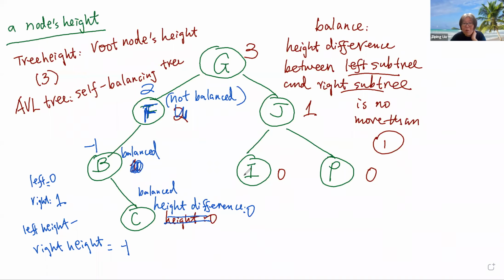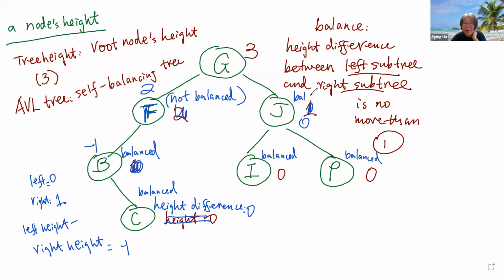Node I, the height difference is 0, so it's balanced. And node P, the height difference is 0, so it's balanced. And how about node J? Its height difference is 1 and 1, so it's still 0.